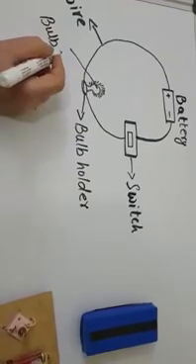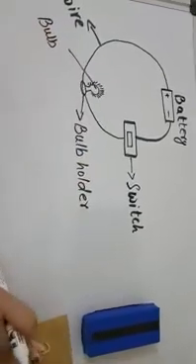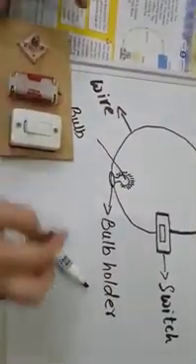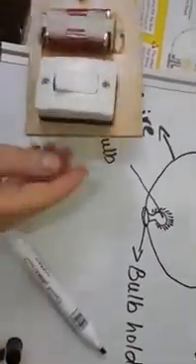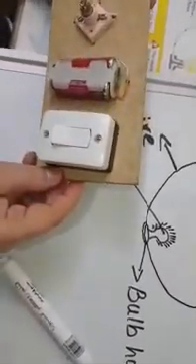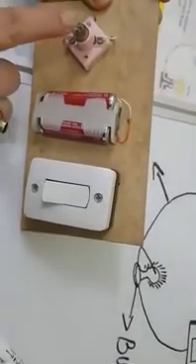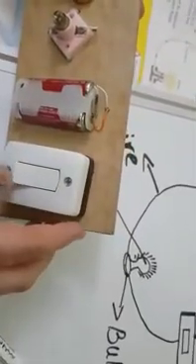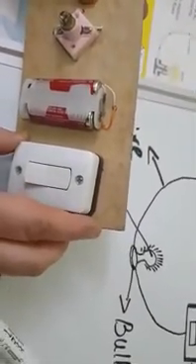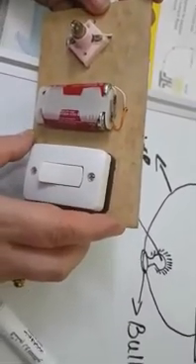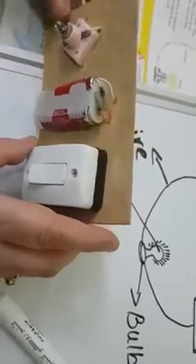Okay, now here I have a model. So children, let us explore the model and learn about circuit. It's a switch, battery, bulb holder, bulb, wire. So here we will see that we have two types of circuits, closed circuit and open circuit.